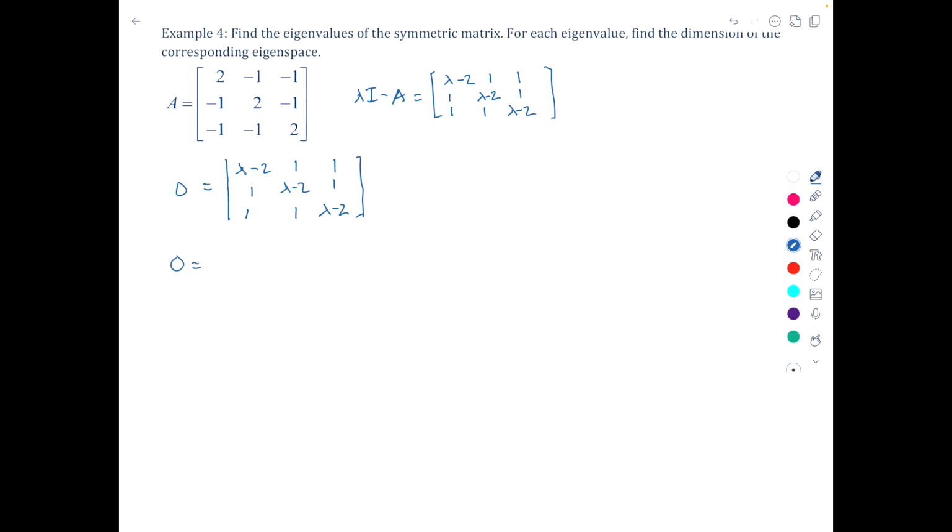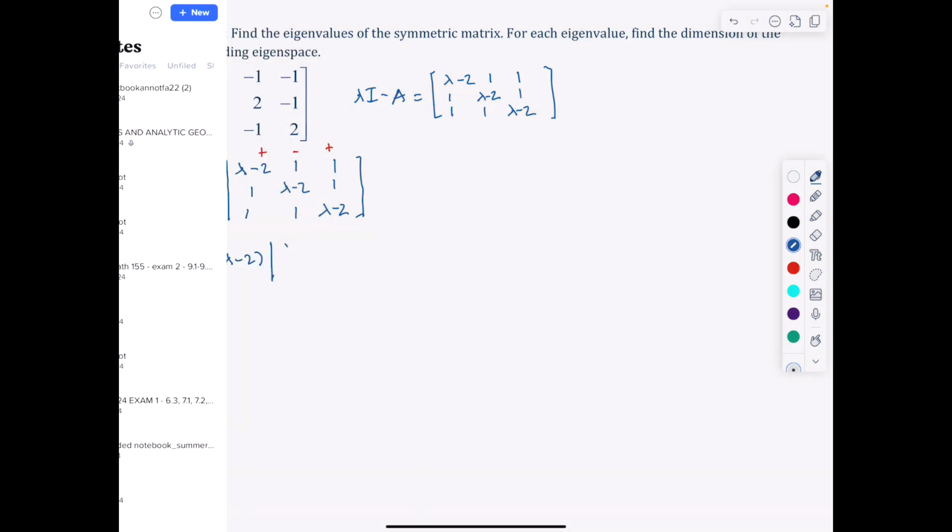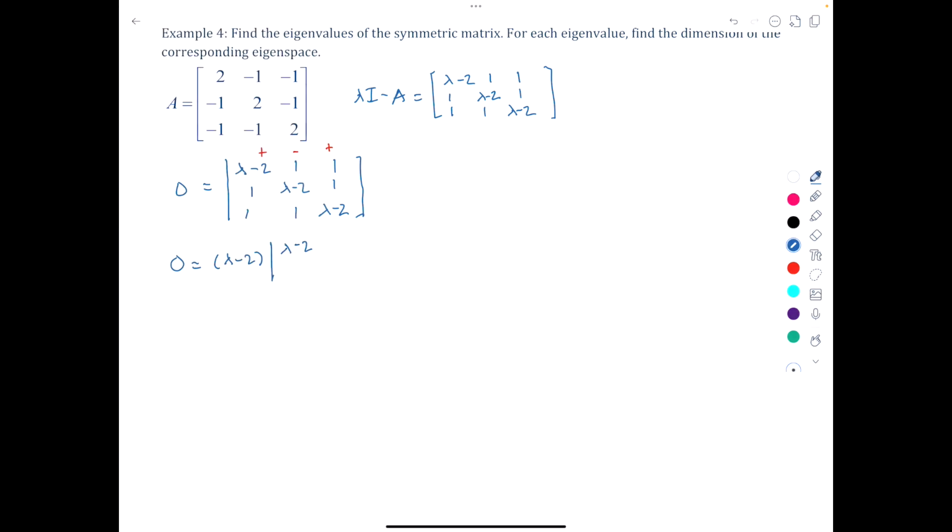And so we will get 0 equals, I'll just expand about that first row, and we'll have lambda minus 2 times the determinant of lambda minus 2, 1, 1, lambda minus 2, minus 1 times the determinant of 1, 1, 1, lambda minus 2, and then plus 1 times the determinant of 1, lambda minus 2, 1, 1.